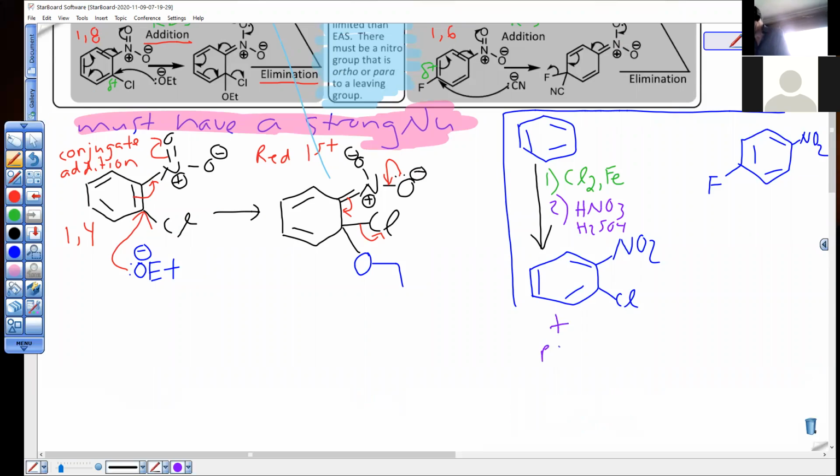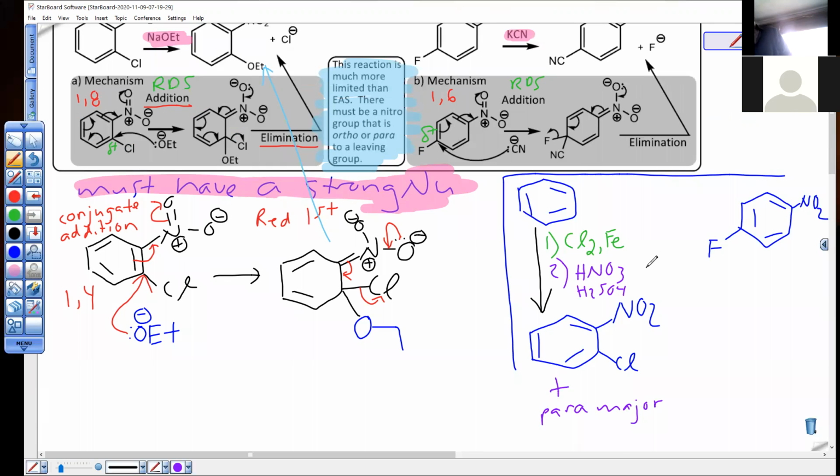Plus para major, and you get the ortho minor. You take your lumps and you separate the two, and you get your ortho nitro chlorobenzene. I guess you should call it ortho chloronitrobenzene, shouldn't you, for alphabetizing reasons.